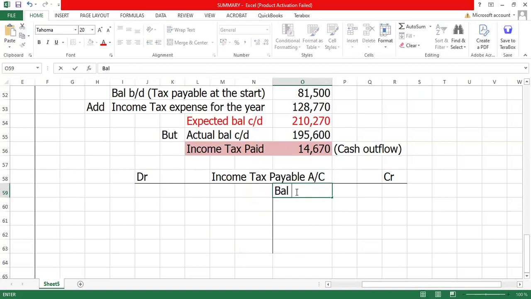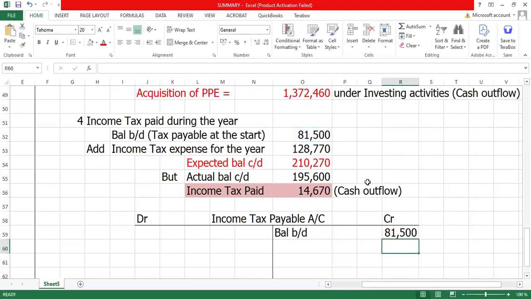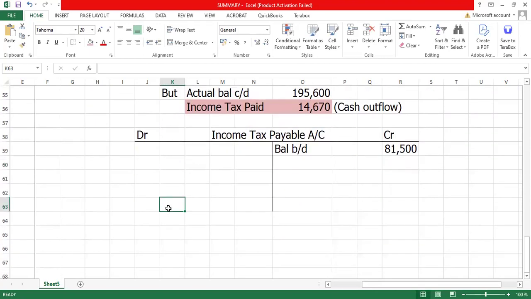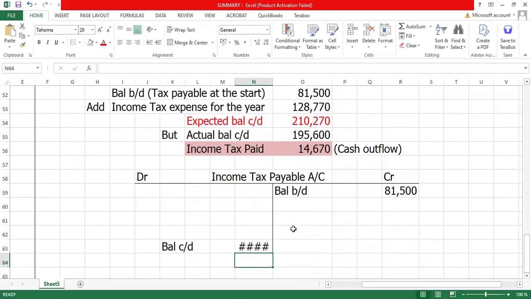Liabilities have credit balance, so balance brought down at the start is basically this one. That's what you put. Then the actual balance carried down is this one, on this side.